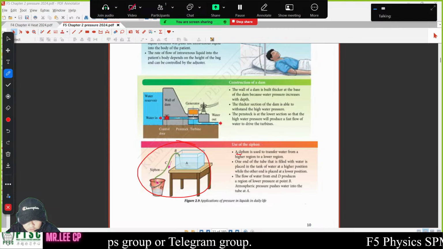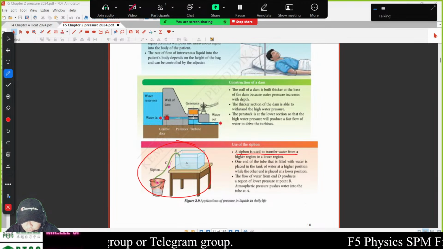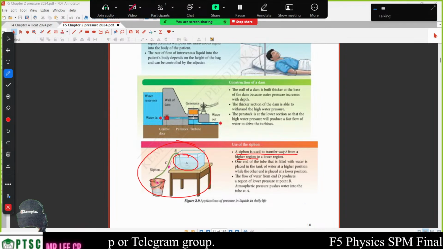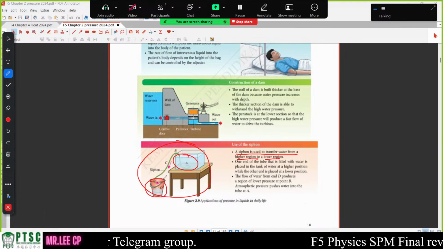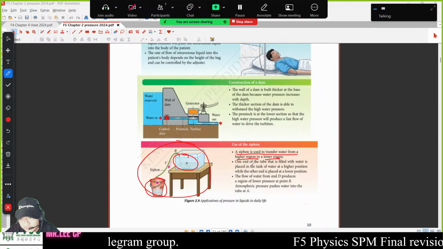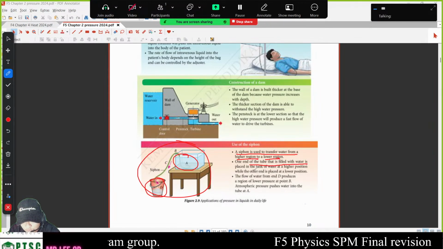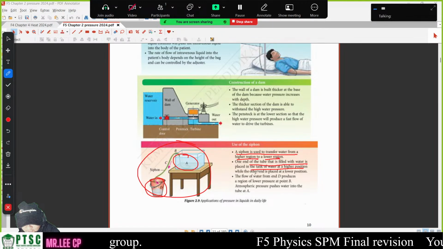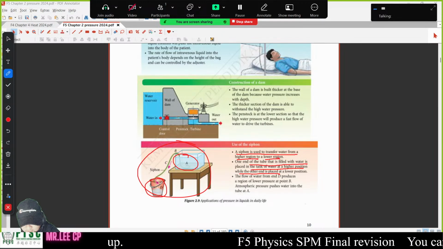The siphon here is used to transfer water from the higher position to the lower position. One end is filled with water and placed in the tank at the higher position, and the other end is placed at the lower position.